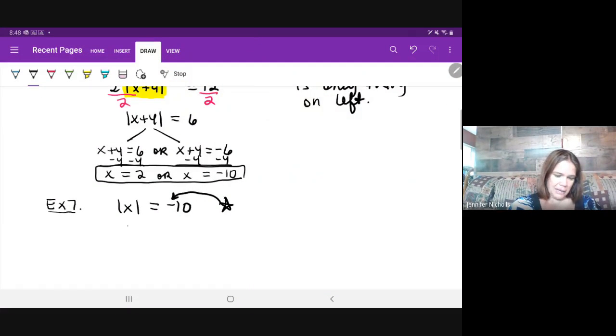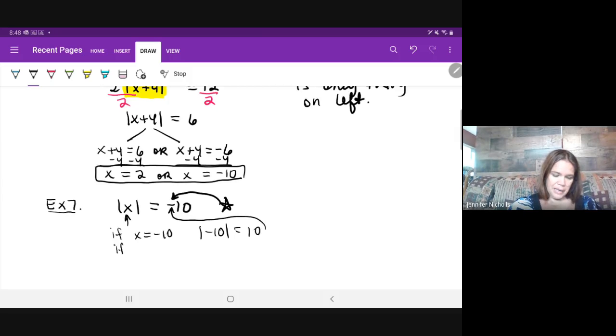He says that if the x was negative 10, and you put the negative in right there, you'd have absolute value of negative 10, which is what? 10. But you guys, it's supposed to be negative 10.